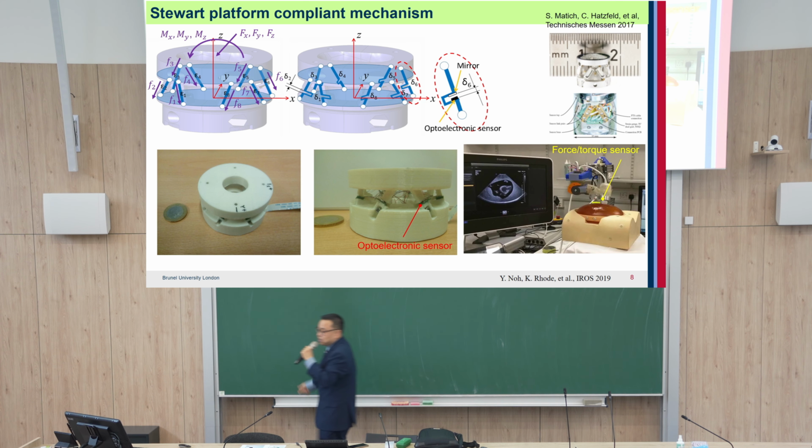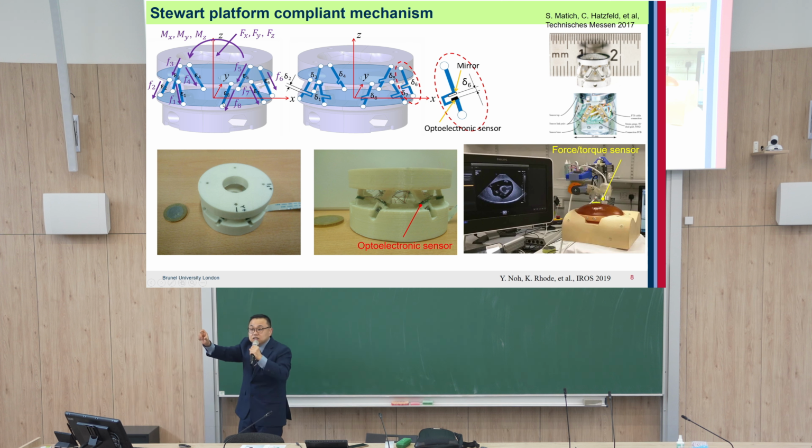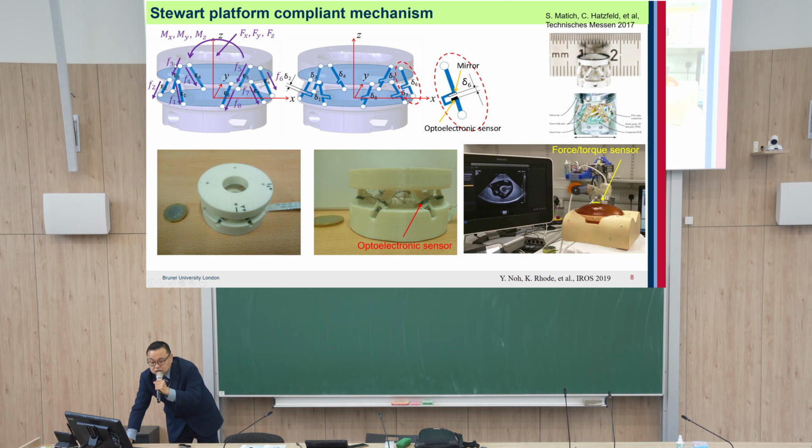So when force Fx, Fy, Fz and the 3-component moment Mx, My, Mz are applied on the top plate of this compliant mechanical structure, all the forces are transmitted to every leg. From this force information, we can calculate the 3 moment components and the 3 force components. Here, same.